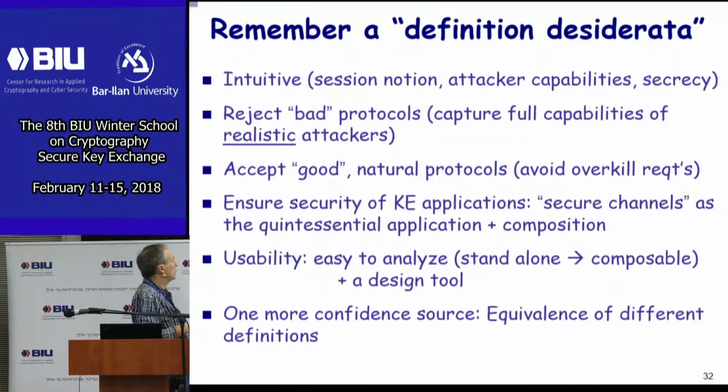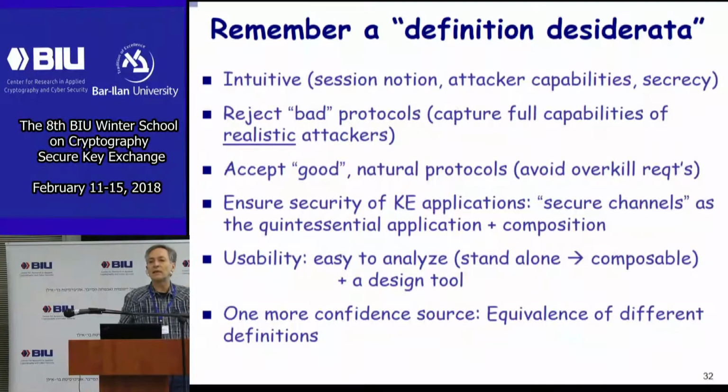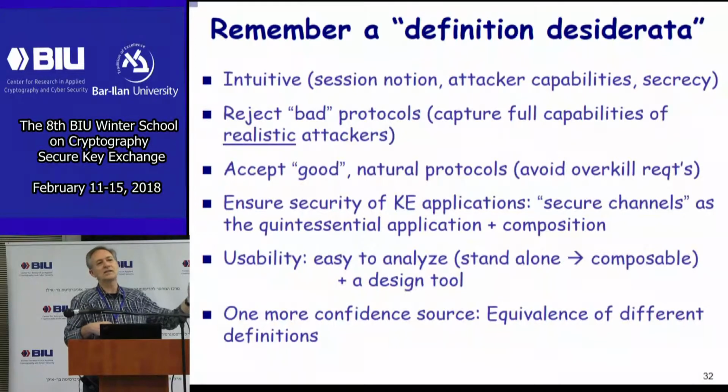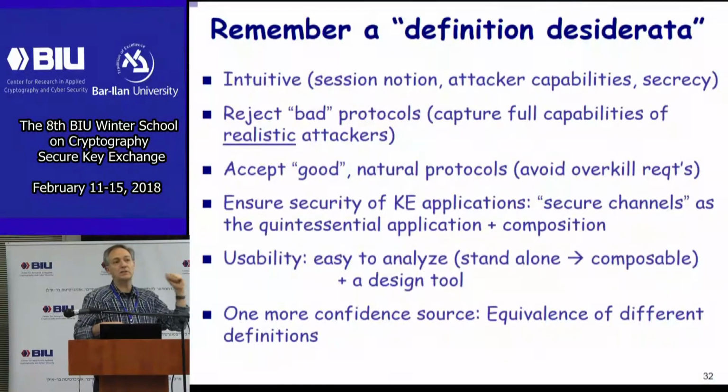We want to be able to take bad protocols, for example, the bad ones that we haven't seen are formally insecure, but obviously any good definition will have to decide that this was a bad protocol. Something like the ISO protocol, at least so far we didn't see problems, so maybe it seems like something very simple, and it would be nice if a good security definition can accept them as secure.